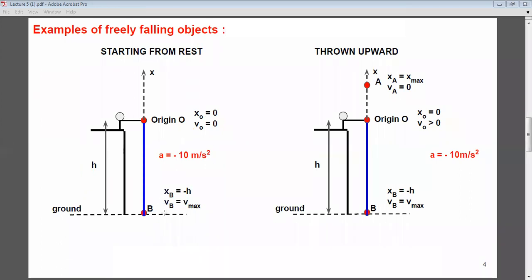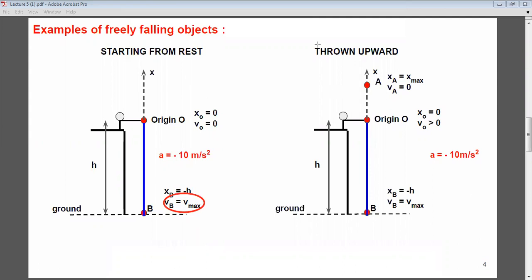What will the speed of the ball be when it reaches the floor? It will be the maximum speed. Someone might tell me, no, when it reaches the floor, it will stop. This is true, but what we mean here is just before it hits the floor. Just before it hits the floor, its speed is maximum.